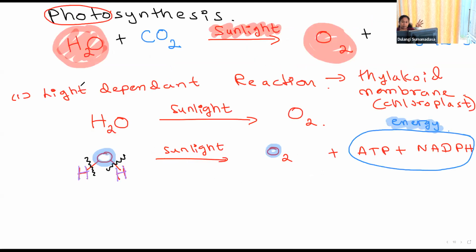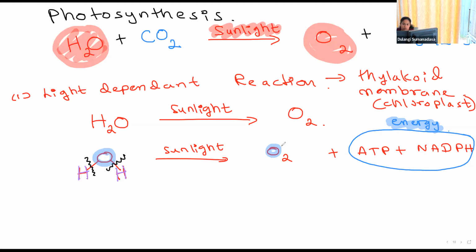Plants don't undergo the light dependent reaction to get the oxygen out, it is just for the energy. Is that clear?